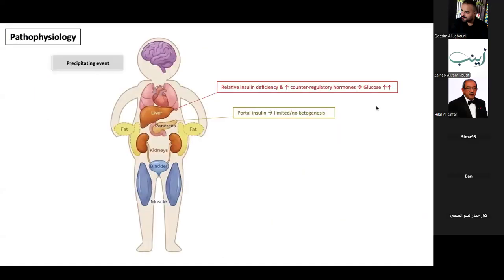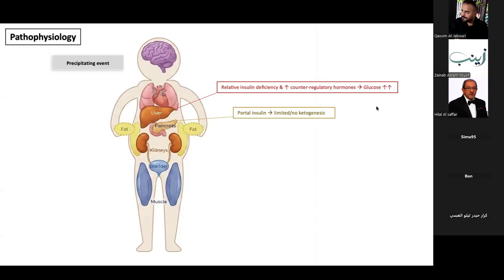Okay, so this diagram just explains the process of HHS. As we said, the event starts with a precipitating factor, whether it's infection, cardiovascular event, or drug-induced, whatever precipitant it is.